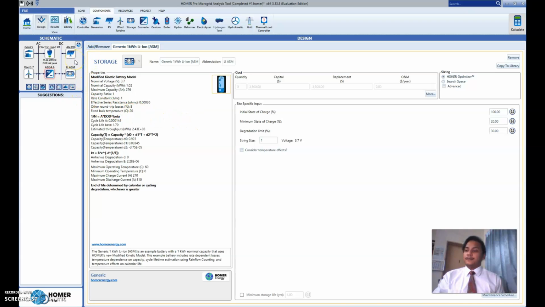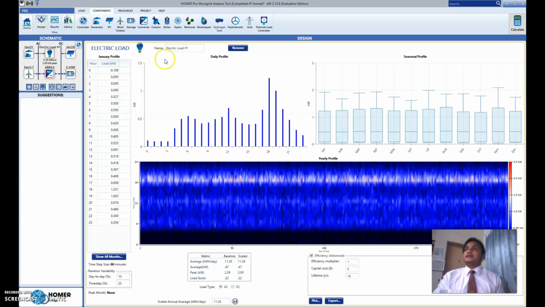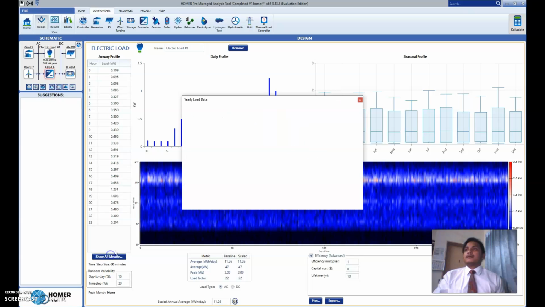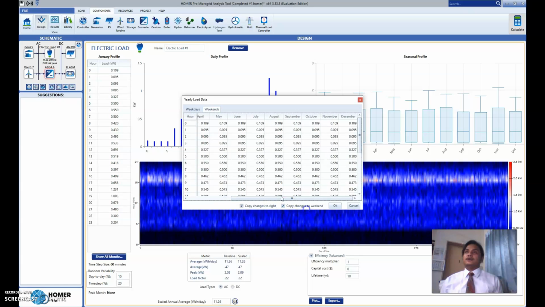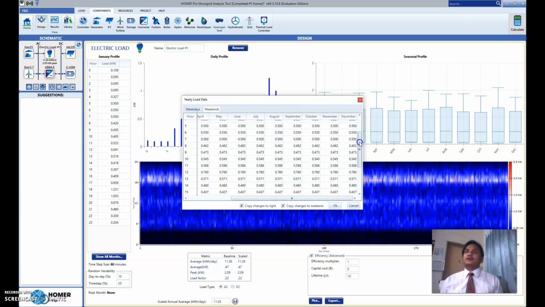Next, for our electric load. This is the electric load data that we obtained. This is the yearly load data that shows the weekday use and the weekend use, which we recorded for the whole year on every day.